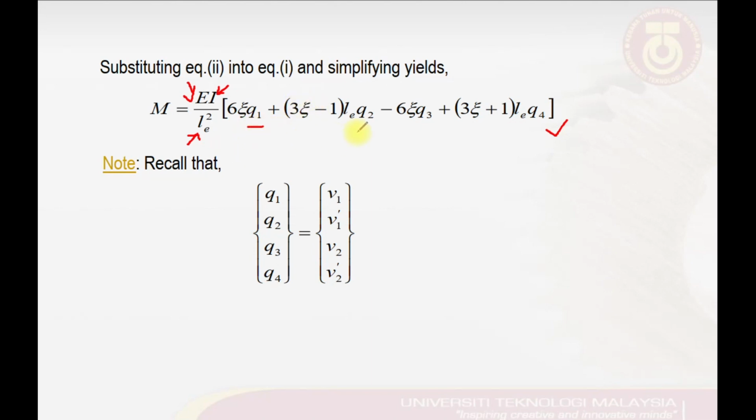At the same time, we also require the information at each node in terms of the vertical displacement and rotation, and also the displacement and rotation at node number 2.